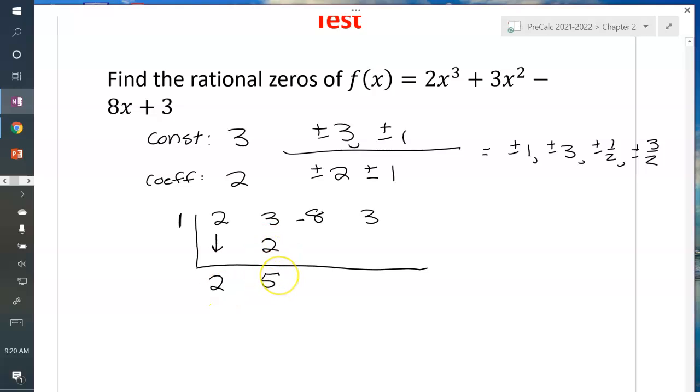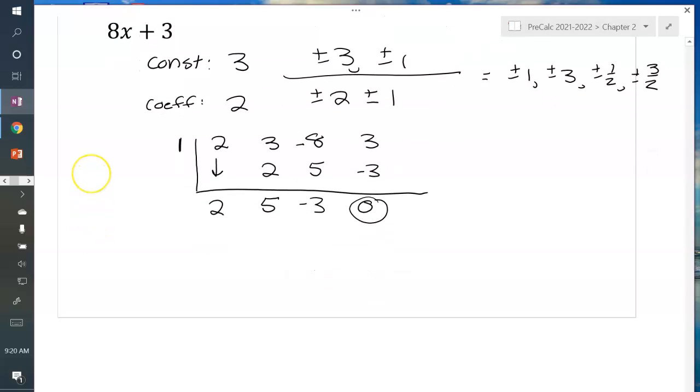I get a 5. Add, negative 3. All right, we lucked out. That worked. So 1 is one of our rational zeros. So since we've got it down to a quadratic now, let's check this out. I now have 2x squared plus 5x minus 3.